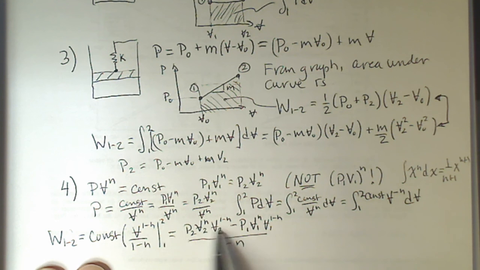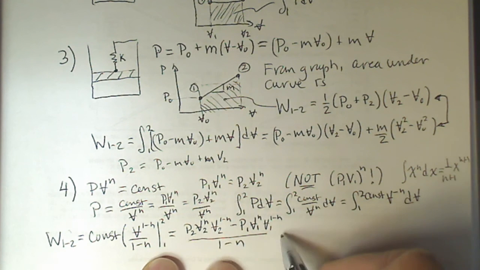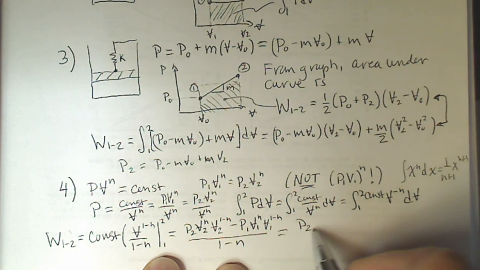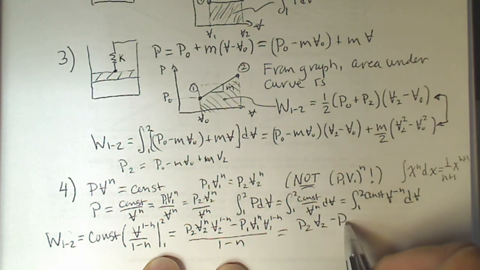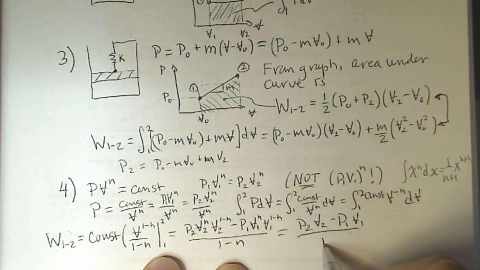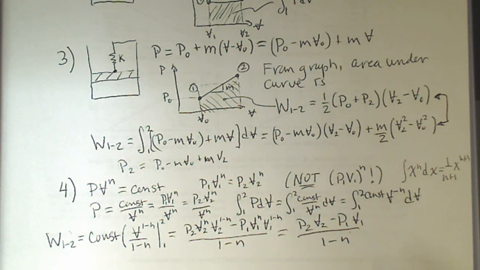So where I have like exponents, these can be combined by merely adding these exponents together. So when I add v to the n to v to the 1 minus n, I just get v. In other words, that n and that minus n annihilate each other, and I end up with P2V2 minus P1V1 divided by 1 minus n. Okay?